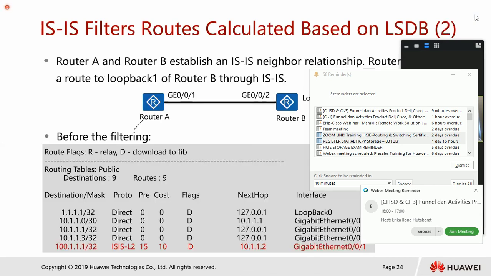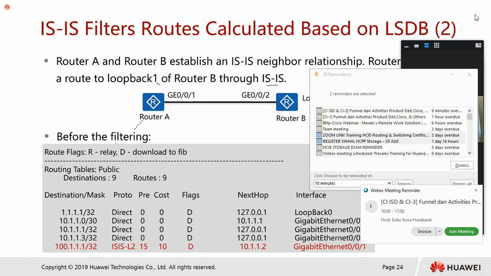Next, secondly: router A and router B establish an ISIS neighbor relationship. Router A can learn a route to loopback 1 on router B through ISIS. How can you perform filtering?